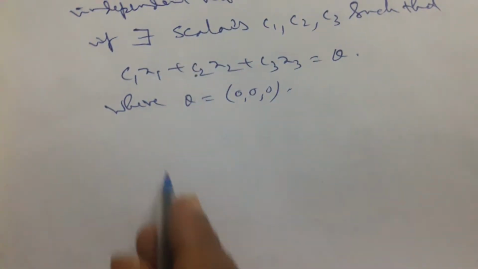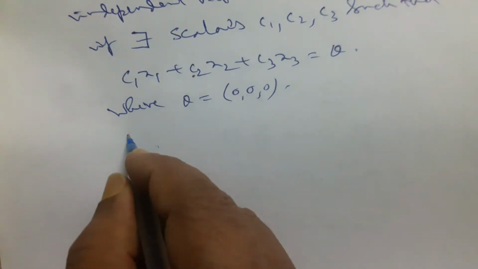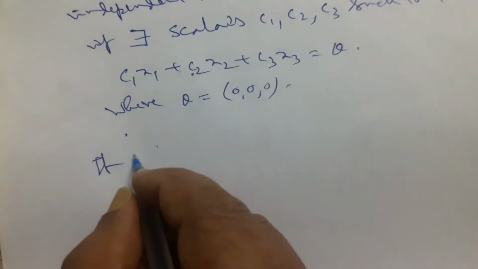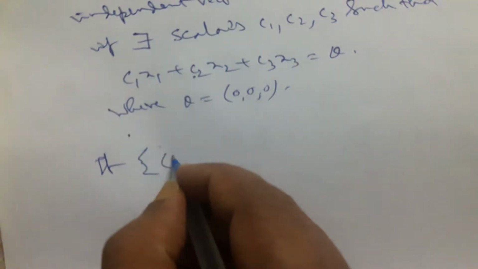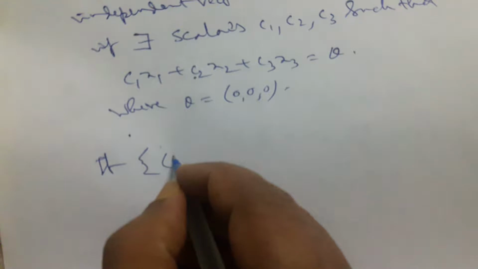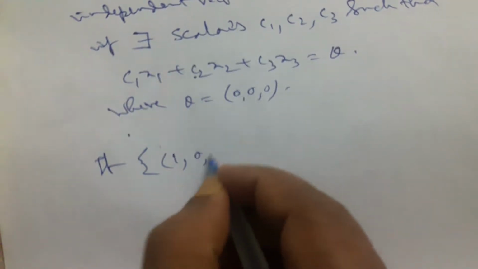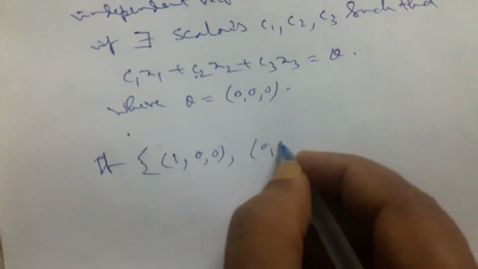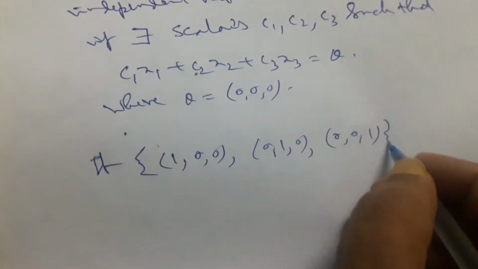And at first we consider an example, and it should be clear with the help of an example. If we consider the basis of the vector, suppose in the earlier video I already discussed the vectors like this: 1 0 0, 0 1 0 and 0 0 1.